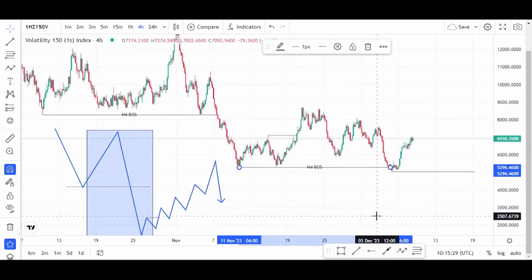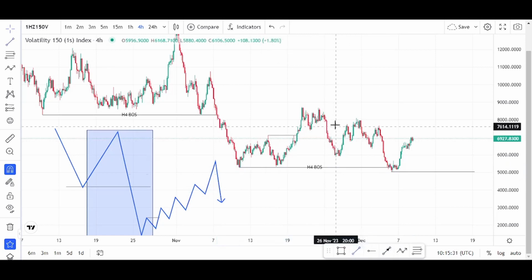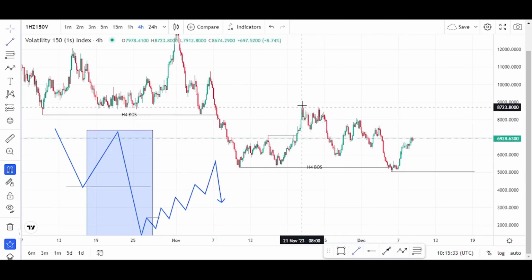And hence our dealing range high would be the higher high or the higher low that had retraced, the last high that it made its retracement from and started falling. That would be our dealing range high.